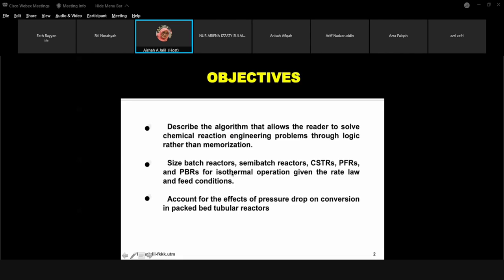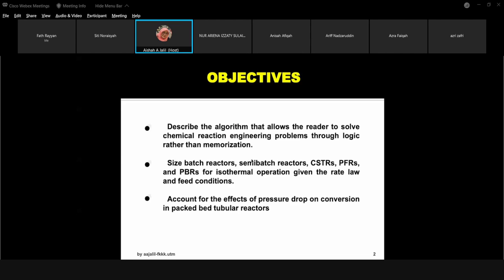Here we have an additional reactor, which is the semi-batch reactor. So we have batch reactor, semi-batch, CSTR, PFR, and PBR for isothermal operation given the rate law and feed condition. You can size the reactor or calculate the volume.